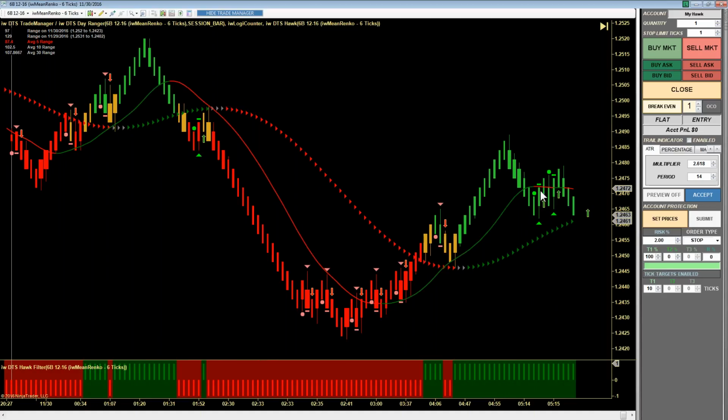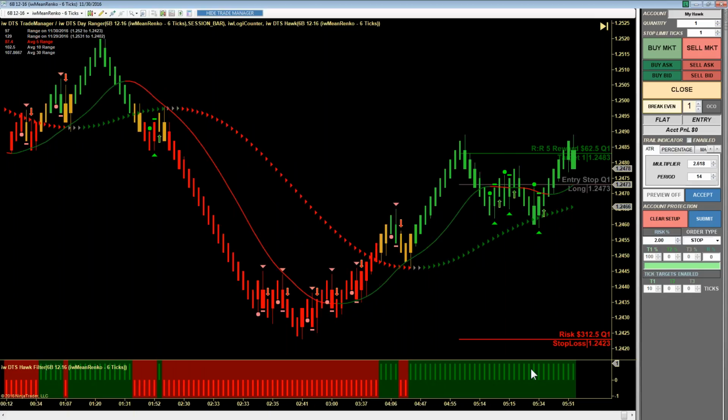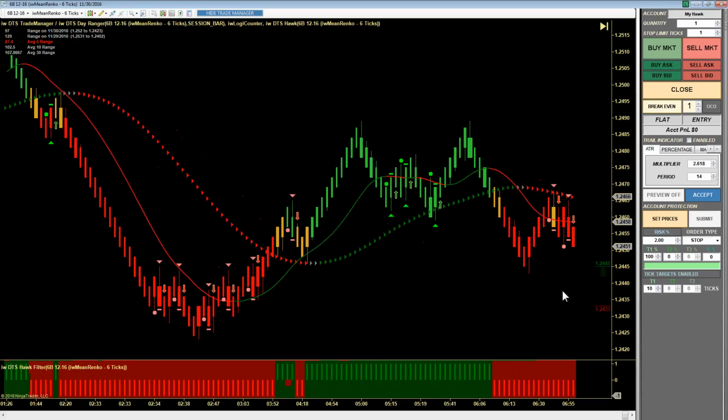And now today we've got a macro pullback signal, which is a buy signal for us. So this is about a couple hours before the North American markets open. So a nice little scalp through there. And now we got a sell signal, a first micro macro cross to sell.